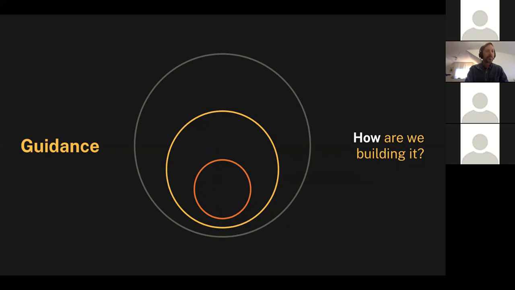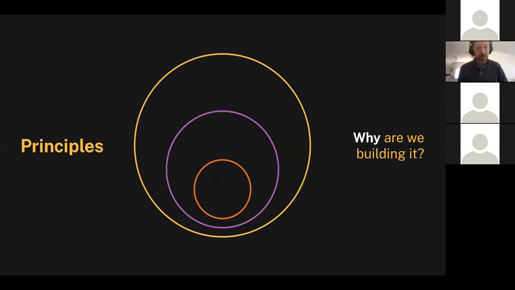But the important thing that we want to introduce here and add to everything is the largest principle layer, and that principles layer begins to ask, why are we building this thing at all? Why are we doing what we're doing? What's important to us? And what can help us make good decisions for a team? Asking the right why questions. The design principles are designed to help teams ask why questions around their product.